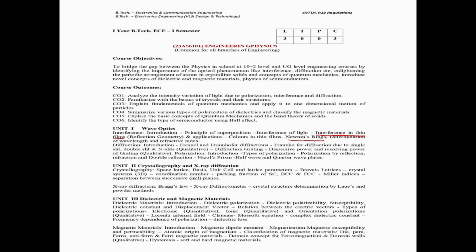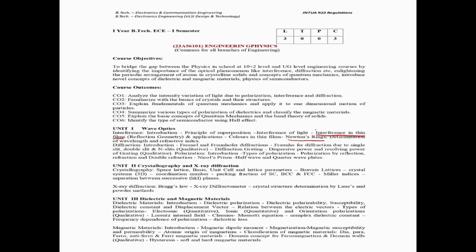This Newton's rings concept can be asked in two ways. The first way is: define interference, explain the formation of Newton's rings and derive the conditions for the dark ring and bright ring. This is one question.